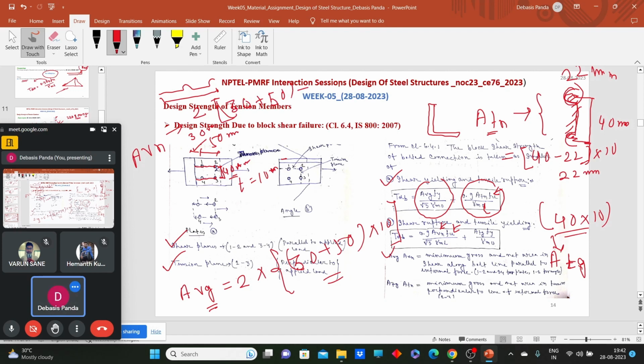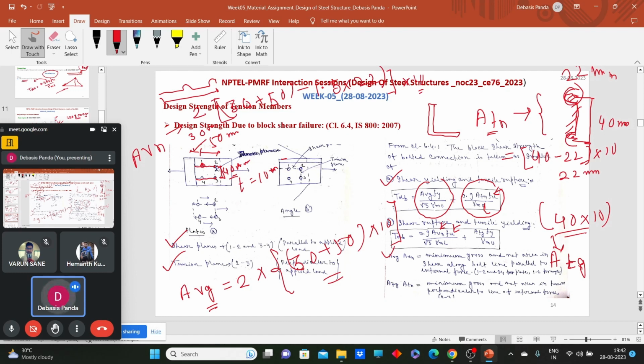How many bolt holes are there? One and a half, 1.5, because one full bolt hole here and half a bolt hole over here, because we are considering up to the center line. So 1.5 into 22 multiplied by the thickness. Clear? This will get clear when we solve one example.